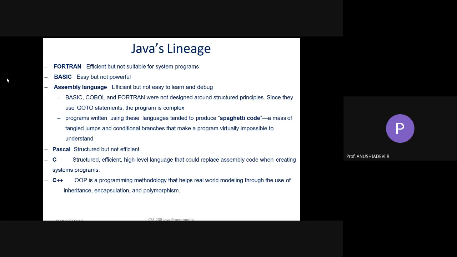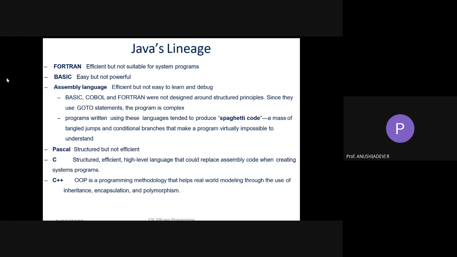That type of program is called a system-related program. So what does application program mean? If you develop any app for a library or for a university, those are all normal application programs. System programs means a compiler and that sort of program. So by using Fortran, we cannot develop any system programs.